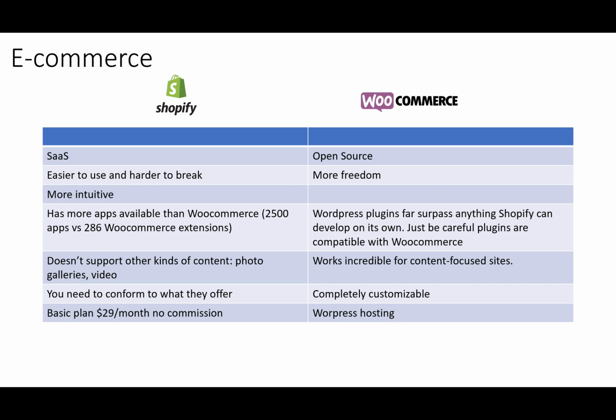And this works incredibly well for content-focused sites. You can put photos, galleries, videos, anything you wish. It is completely customizable and free. So once again, I would choose WooCommerce over Shopify 100 times.